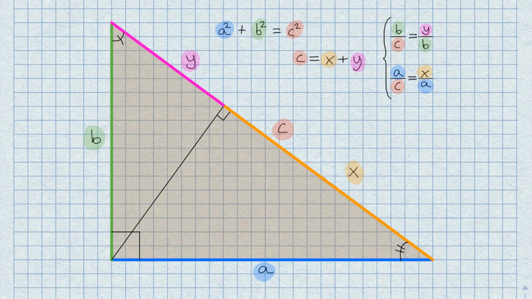If we use these relationships, we can identify that the ratio b over c is identical to the ratio y over b. This is because b over c is the short cathetus over the hypotenuse in the mother triangle, and y over b is also the short cathetus over the hypotenuse in the upper subtriangle, because in this triangle b has suddenly become the hypotenuse and y its short cathetus.